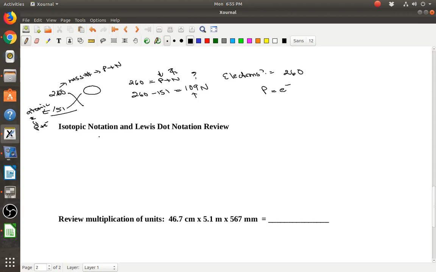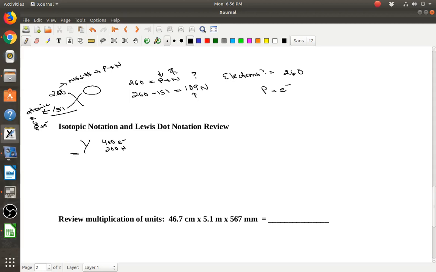So that's isotopic notation. So if I have a new element called, I don't even know, just element Y. All right, element Y has 400 electrons, and it has 200 neutrons. Well, what number goes down here at the bottom?